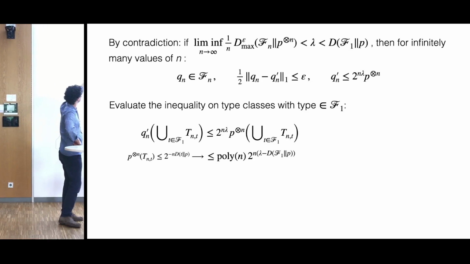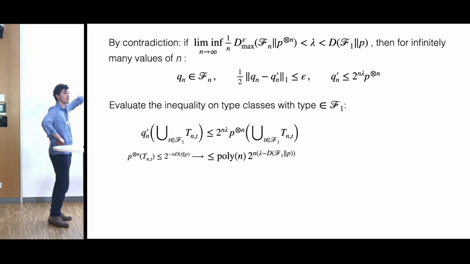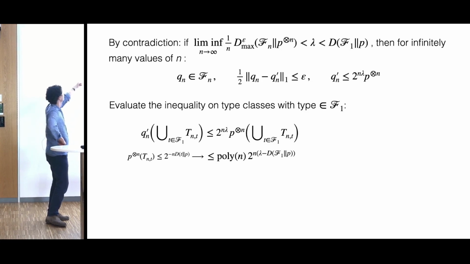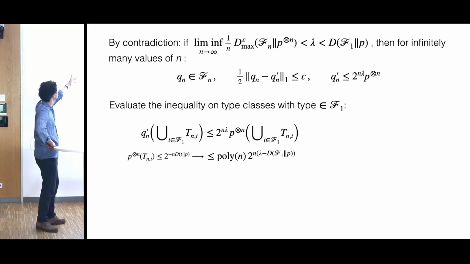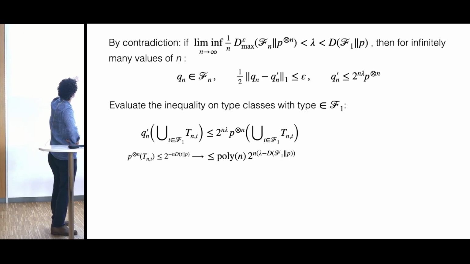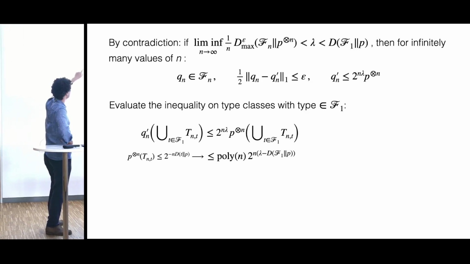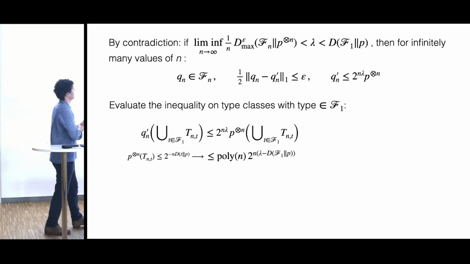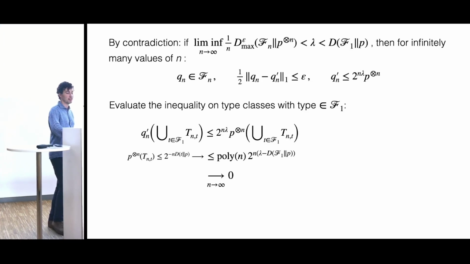So you can do this on the right-hand side, up to a poly n factor, which is the number of types. The set of types is polynomial in n. That's also a crucial insight from Csiszár and Körner, I guess. And on the right-hand side, you get 2 to the n lambda minus the reverse relative entropy. Remember that lambda is smaller than the reverse relative entropy. So the right-hand side goes to 0.